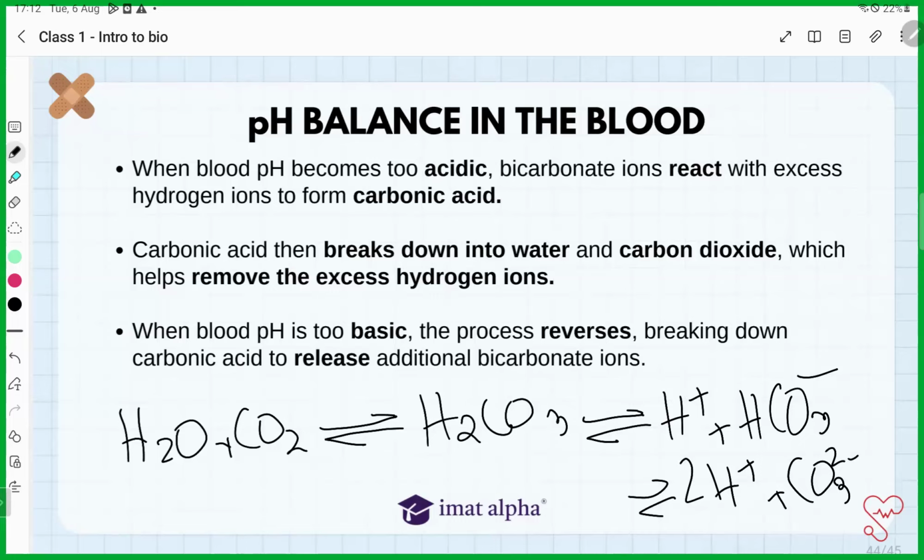The reverse reaction will start to decrease the concentration of the reactants for them to go to the other side. So if we have a high amount of H plus ions, this reverse reaction will go to the left because it will try to decrease the hydrogen ions.